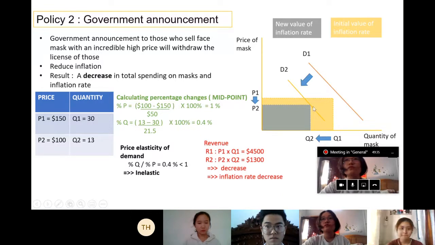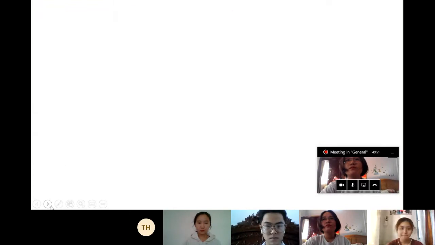As you can see in the graph, the inflation rate has decreased, the total revenue has decreased, and therefore the inflation rate also decreased, which means policy 2 is actually working compared to policy 1.